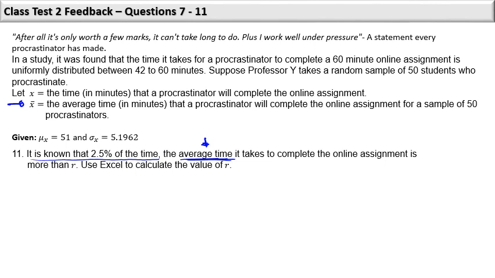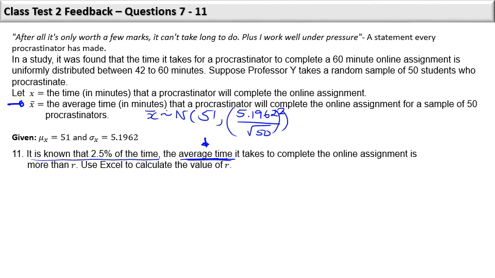So I need the distribution of x bar very quickly. x bar follows approximately a normal distribution, mean 51, and the variance is 5.1962 divided by the root of 50, all squared. Just remember, we give the variance, not the standard error.